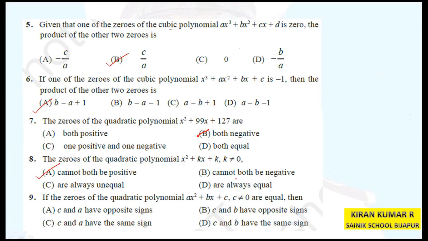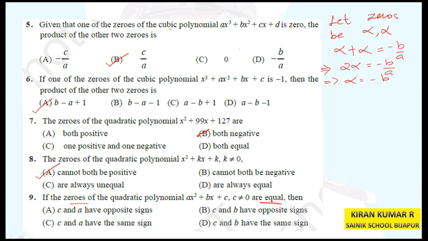According to the statement, the zeros of the polynomial are equal. Let me work out here. Let zeros be alpha and alpha, since they are equal roots. Sum of the roots is minus b by a, which implies 2 times alpha is minus b by a, which implies alpha is minus b by 2a.